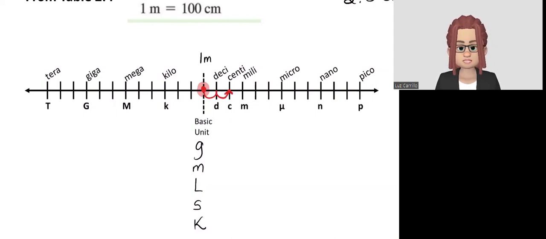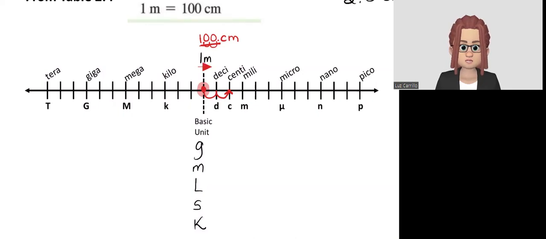So if I have a value of 1, that means that the decimal place lives right here. And if I move this decimal place 1 time, 2 times, I open 2 pockets. Since the relationship of prefixes is by a power 10, those pockets get populated by zeros, 1, 2 of them. And now that we land on centi, this numerical value is what centimeter corresponds in relationship to 1 meter.